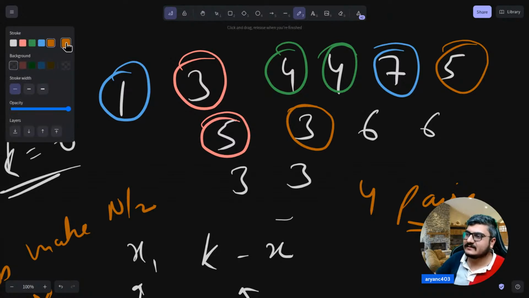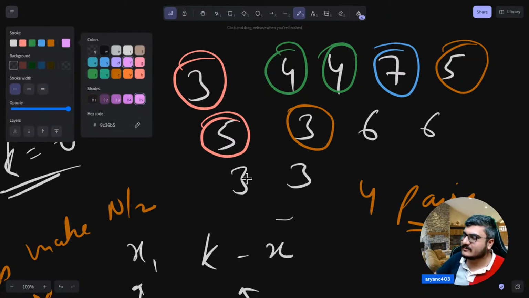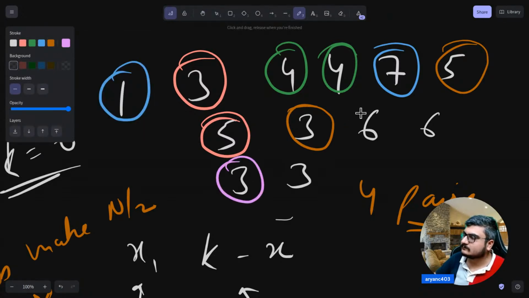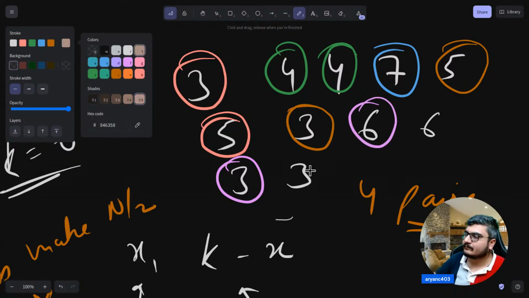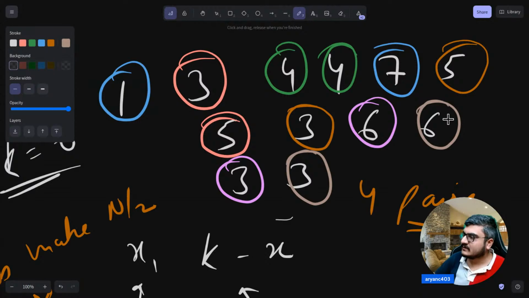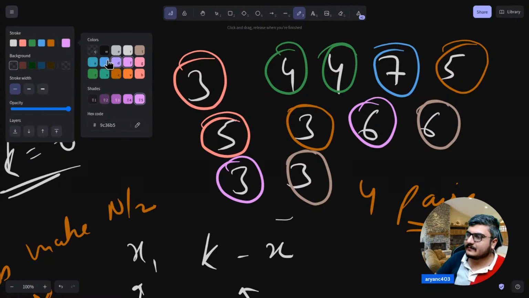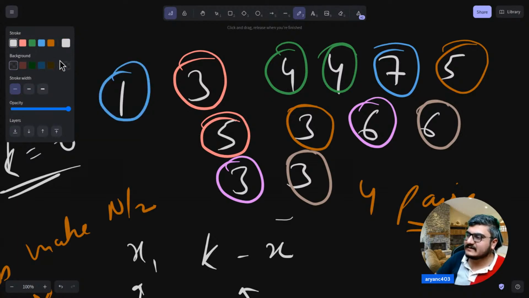For example, the remaining numbers made by Bob are like this. Let's say Bob has decided this would be the pairing. Then the idea is, let's say Alice has played this number.